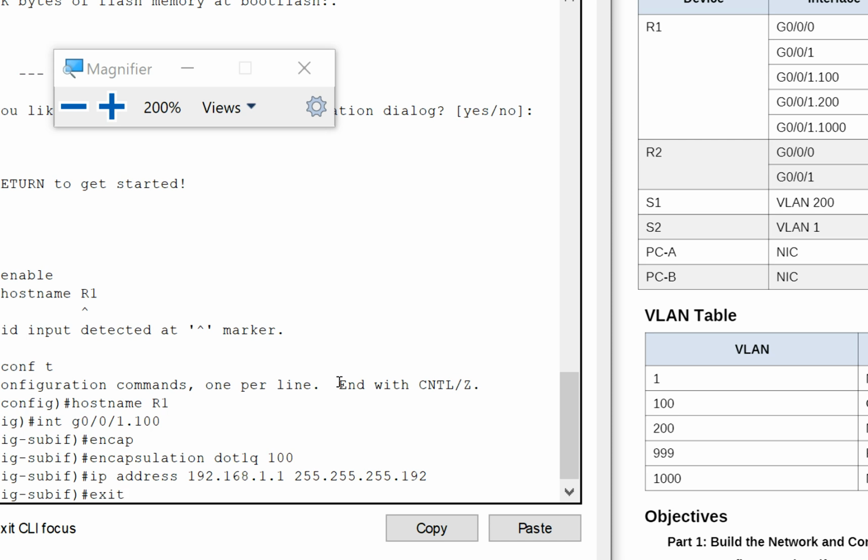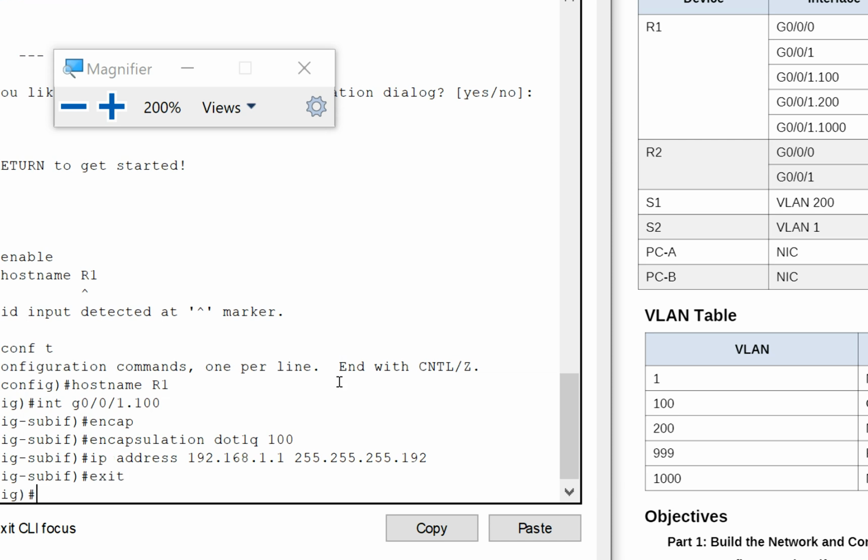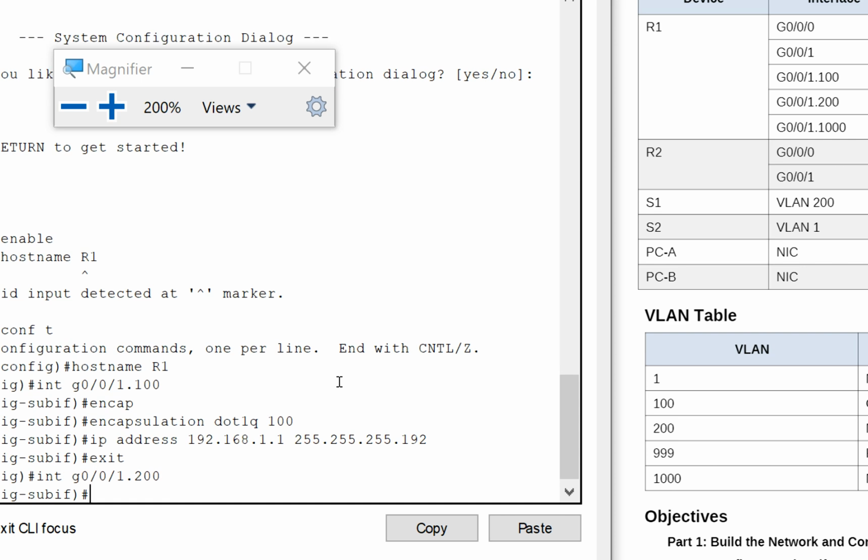So exit and interface G0/0/1, or for you G0/0/1.200. All right. Same thing. You can up arrow to bring back some of your old ones and just encapsulation dot1Q 200 to say everything going through here will be encapsulated with a 200 tag.